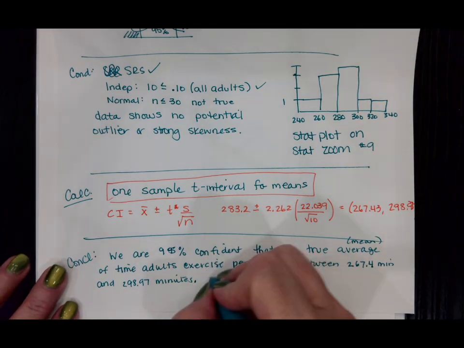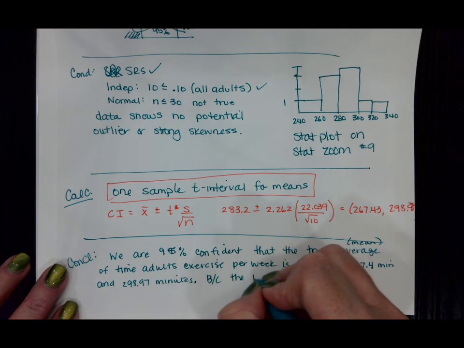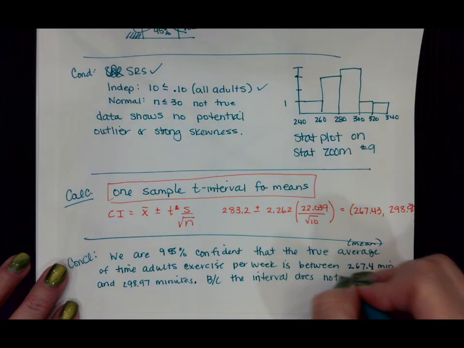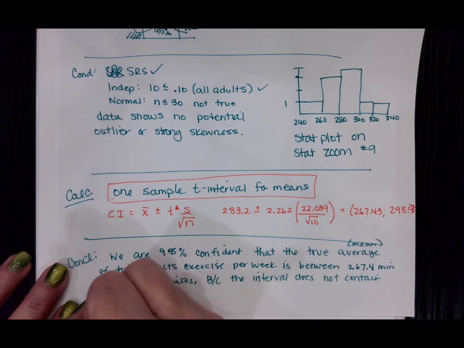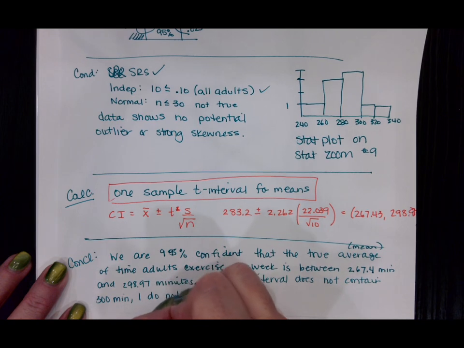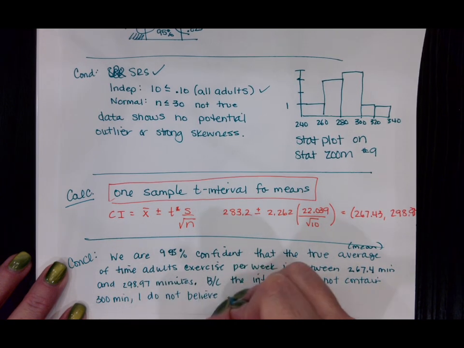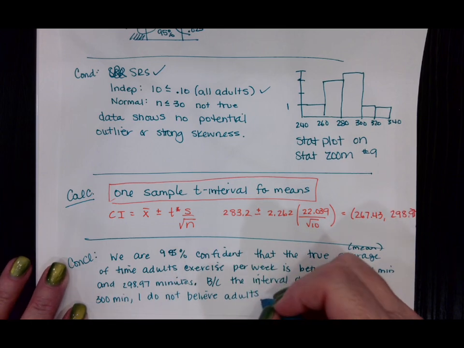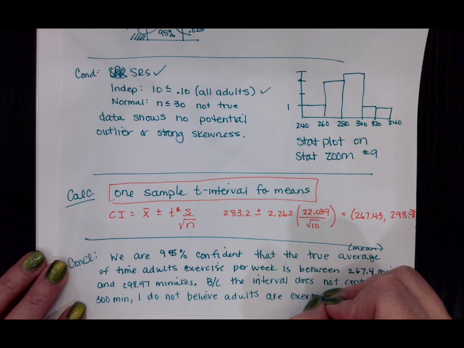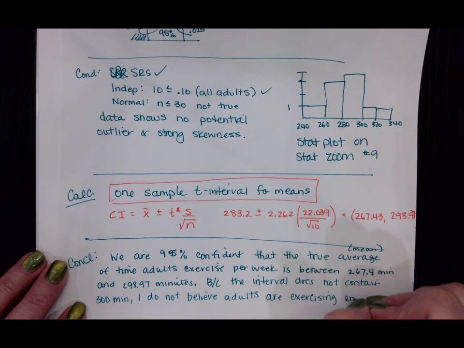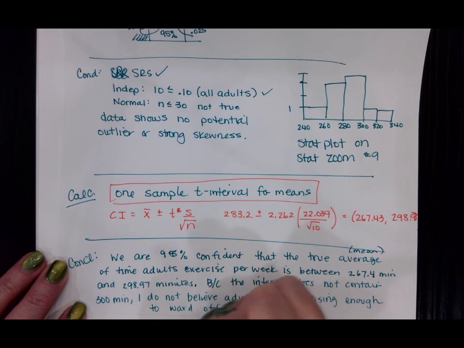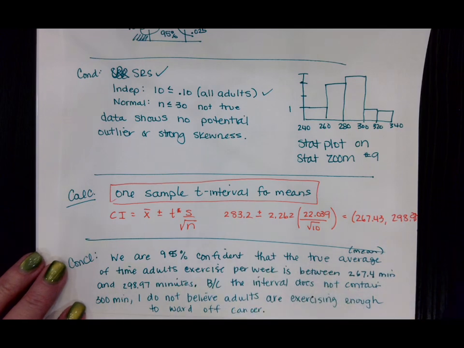I'm going to say because the interval does not contain 300 minutes, I do not believe adults are exercising enough to ward off cancer. All right, boom, we're done.